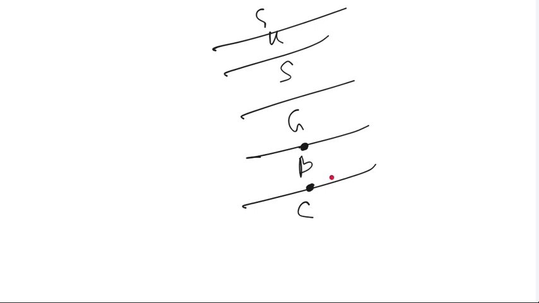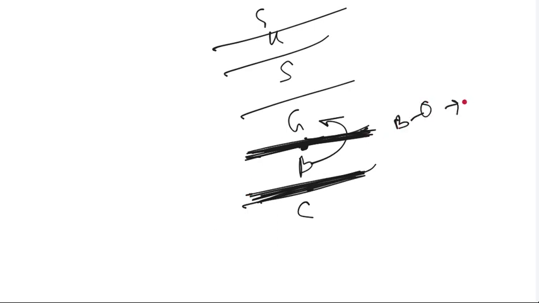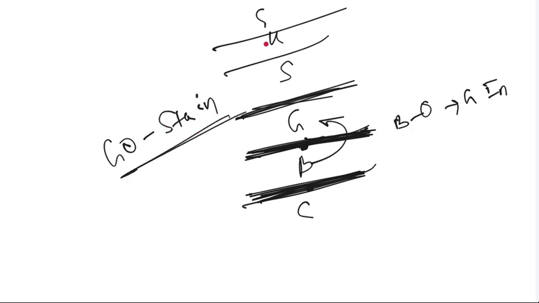Here biotite will appear, and here garnet will appear. This biotite will be converted to garnet, so this is biotite out. This biotite out is also garnet in. This garnet out is also staurolite in. Getting it?